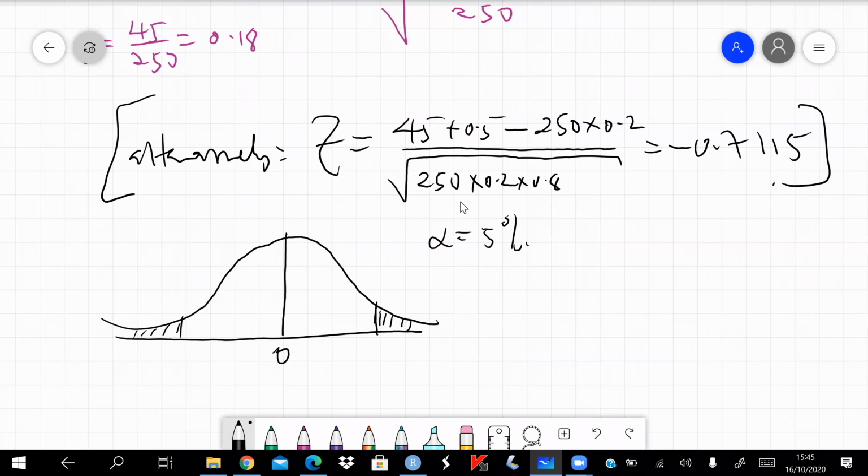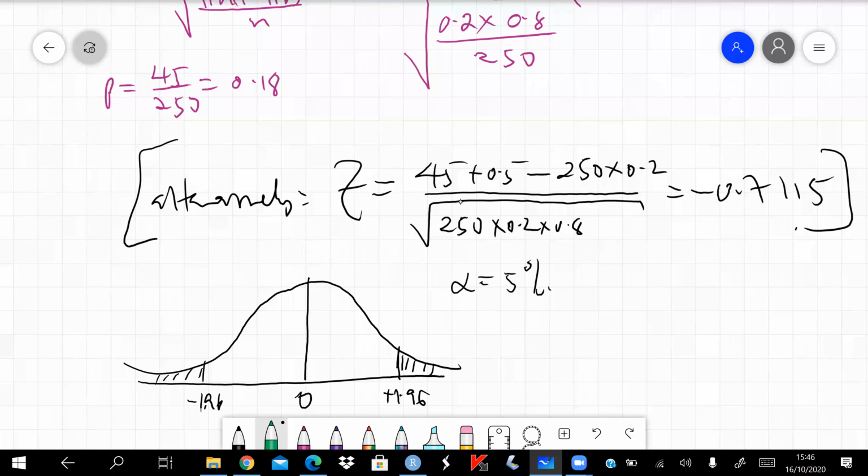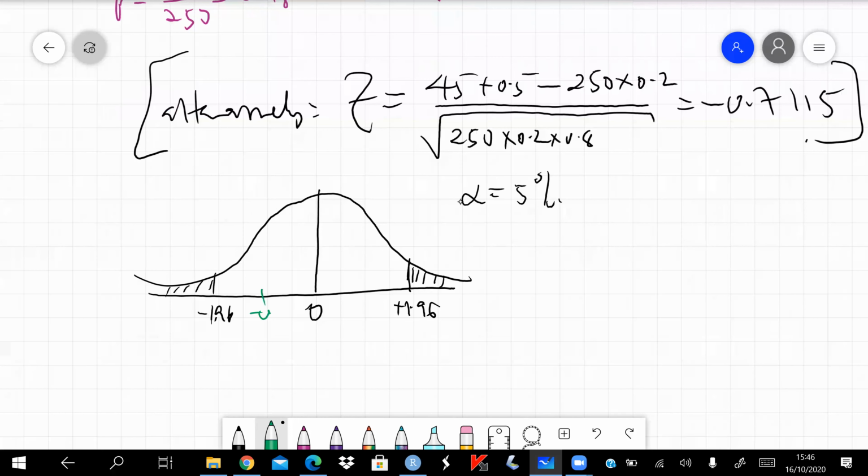So the critical value will be 1.96, minus 1.96. So the critical value of z is plus and minus 1.96. Okay, so now let's see where it falls. The calculated value is somewhere here, minus 0.7115. Remember, this diagram is not drawn to scale, but it's somewhere in the acceptance region.